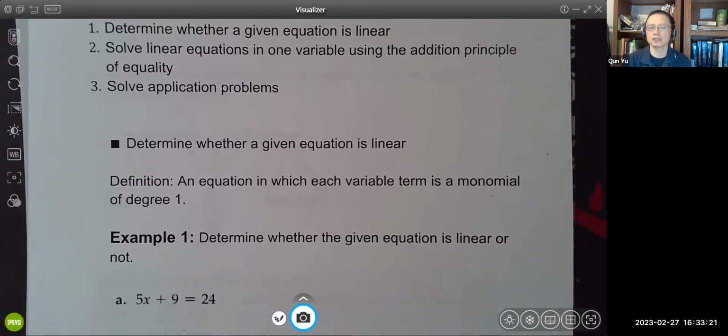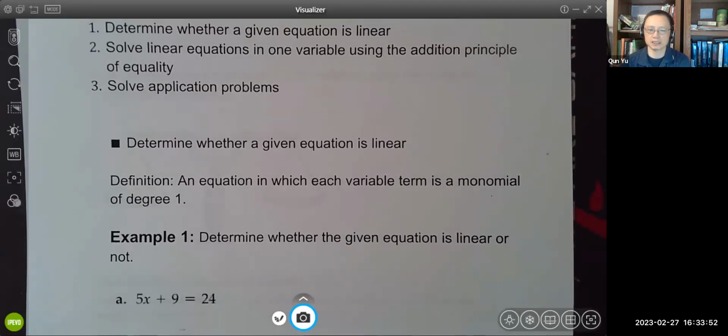Being linear really means the degree of that monomial has to be exactly positive one, not even negative one, regardless of how many variables are in your equation. In other words, it's not about how many variables to determine whether it's linear or not, it's the exponent of that whole term. The exponent for that whole term has to be exactly one.